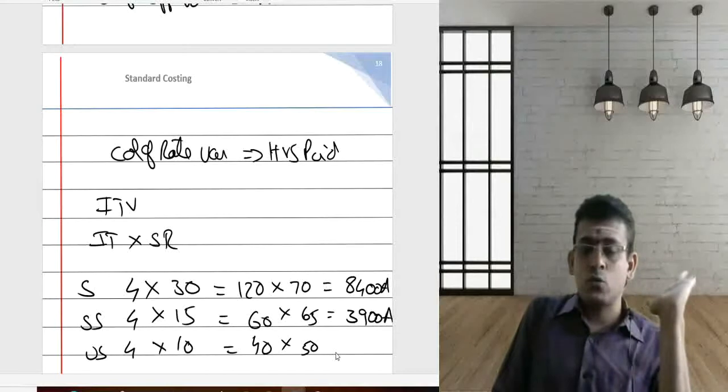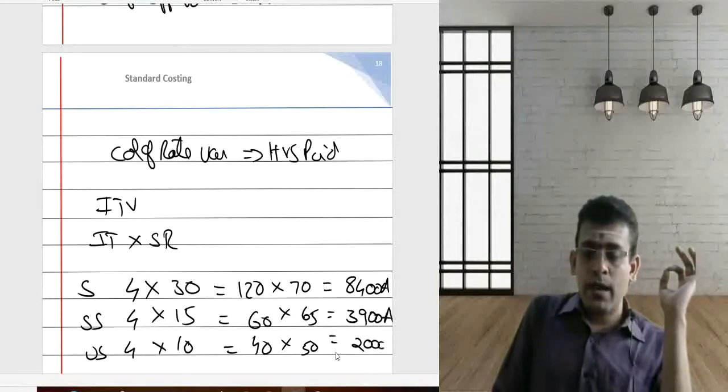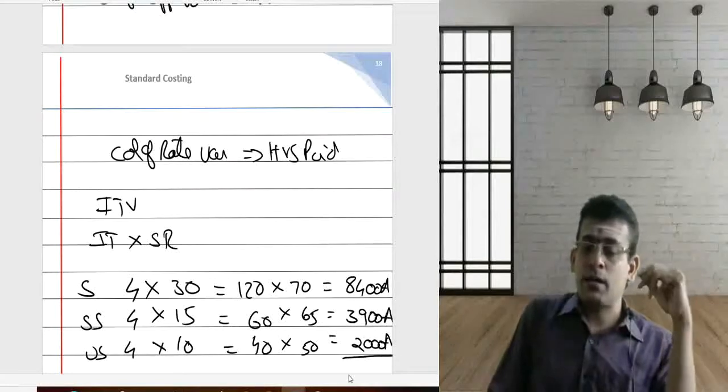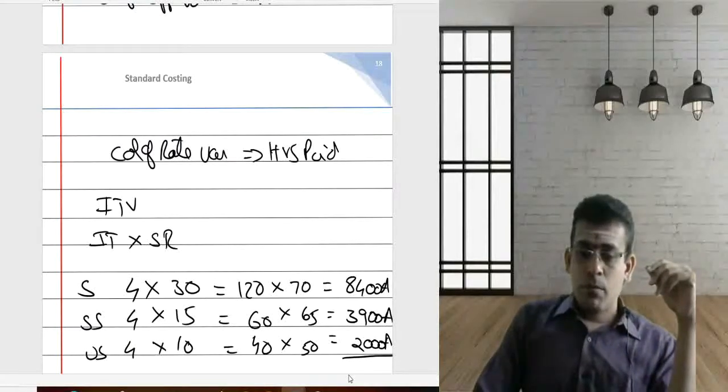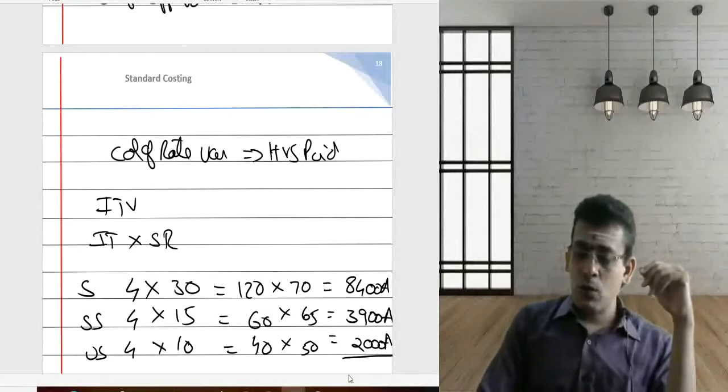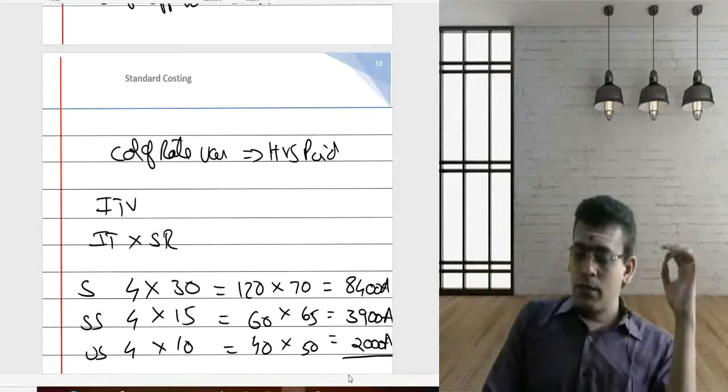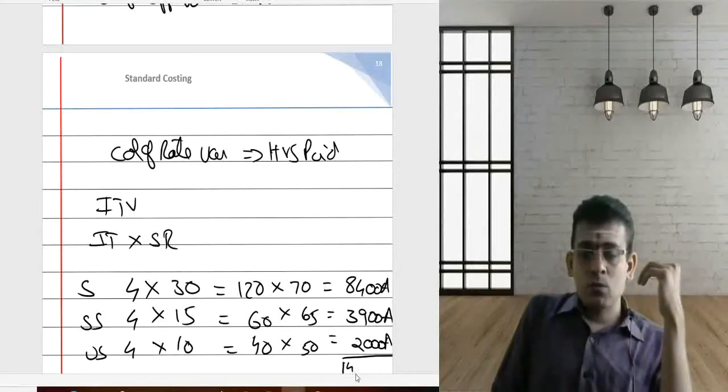Always idle time variance is going to be adverse. 40 into 50, you are getting 2,000 adverse. So this total is nothing but your idle time variance. So 8,400 plus 3,900 plus 2,000. This total is what? 14,300. So 14,300 is nothing but your idle time variance.